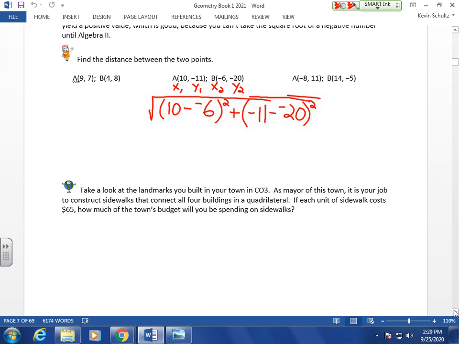And then we are squaring that. So 10 minus negative 6 is positive 16 squared, plus negative 11 minus negative 20, or negative 11 plus 20, is 9, and we're squaring that.